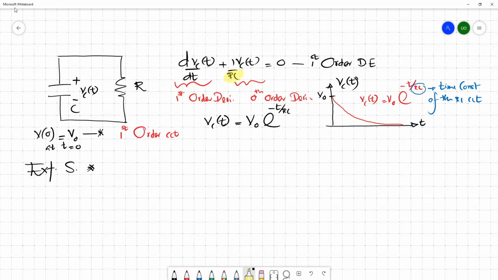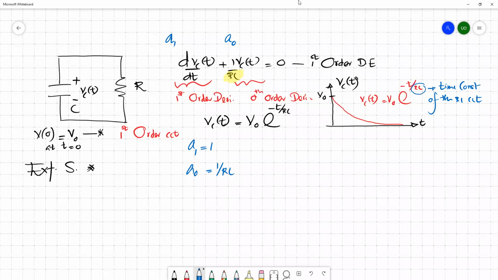So if you explain these coefficients, here we can map this coefficient A1, and this is A naught. For this first order differential equation, A1 is basically 1, and A naught is actually 1 over RC.